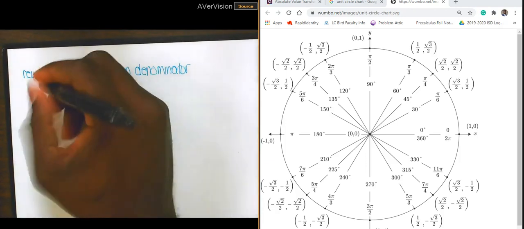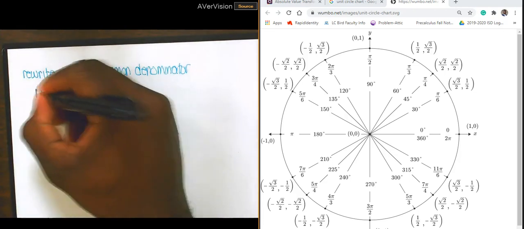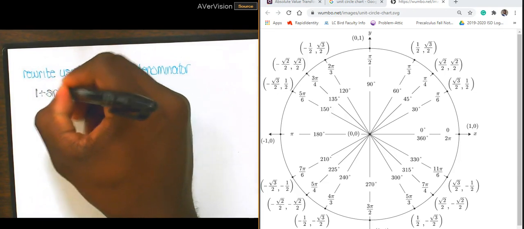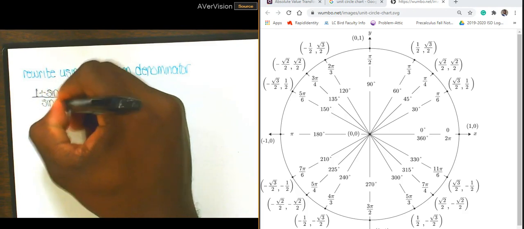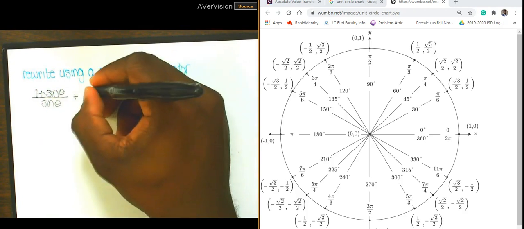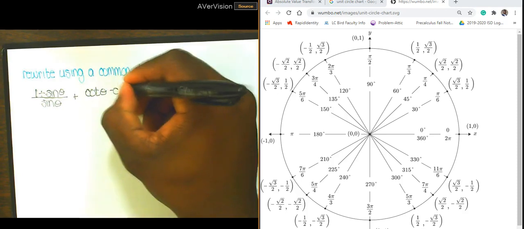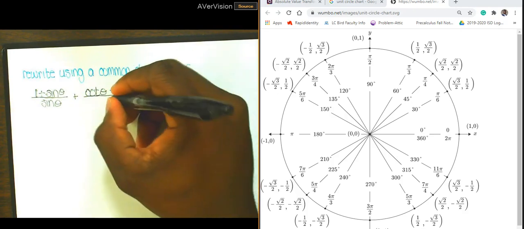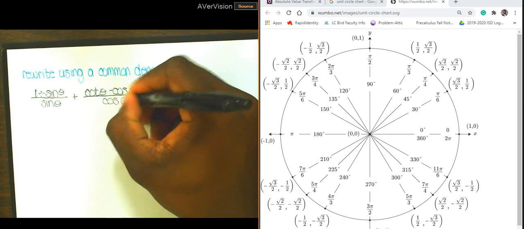We have 1 plus sine theta divided by sine theta plus cotangent minus cosine over cosine.